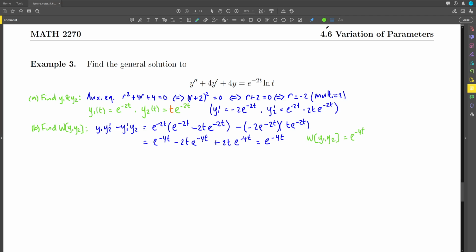The third step is we want to find v1 and v2.